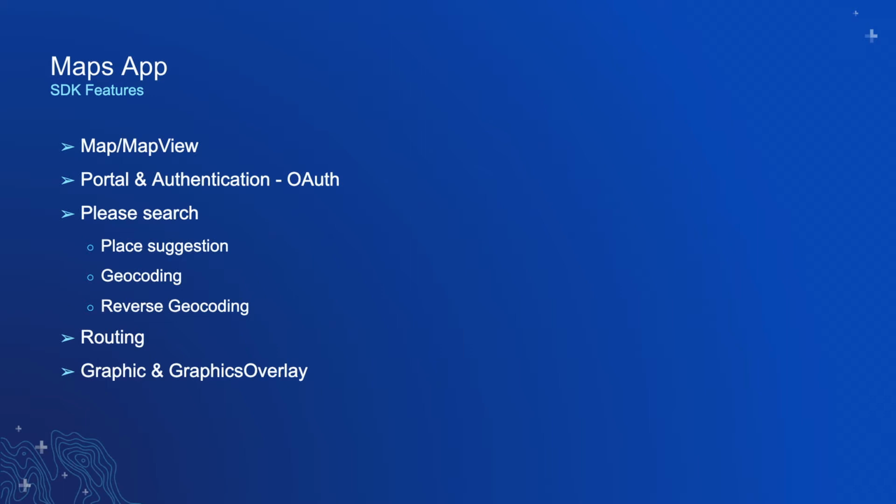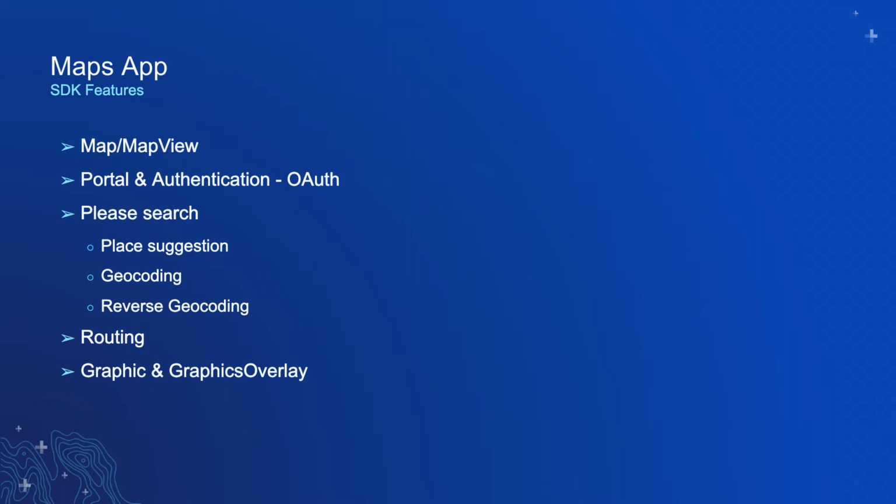From the Maps app, this is a list of the key components used in it. Map view, we see the usage of map and map view. We see accessing portal and using authentication. We're also using geocoding and place searching with suggestions for places.